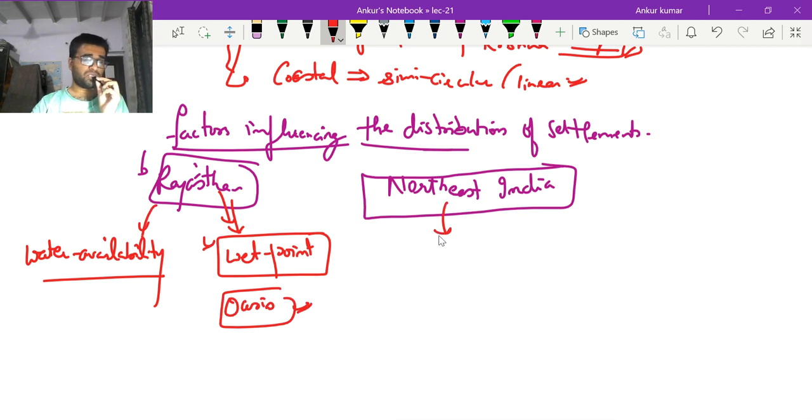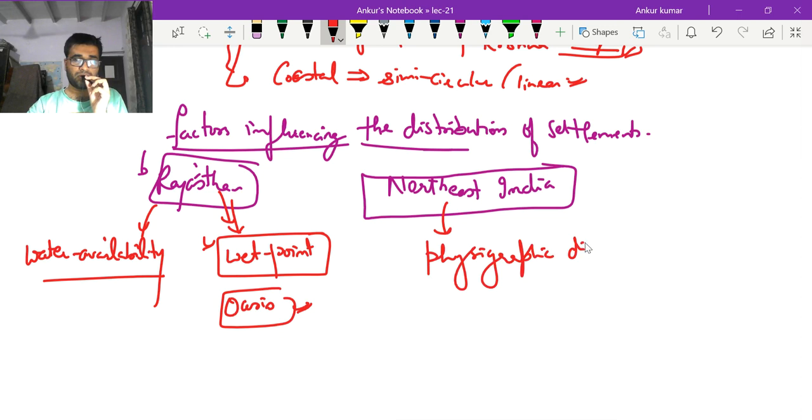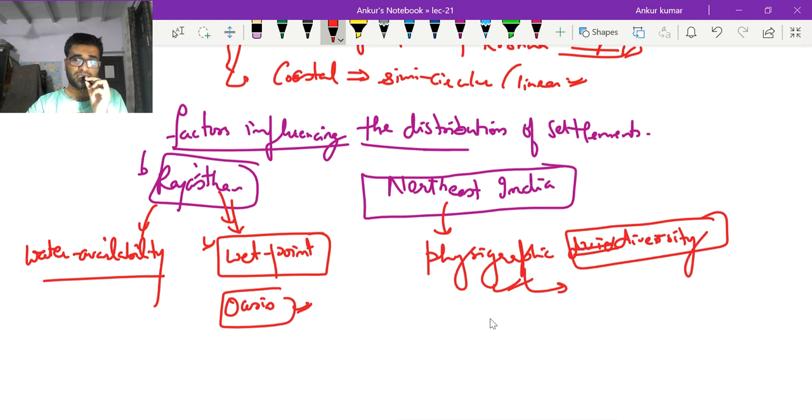When it comes to Northeast India, water availability is not the problem because the rainfall is sufficient. But this region has huge physiographic diversity in the form of hills, plains, etc. And because of this physiographic diversity, the main settlement type here is the spring type settlements.